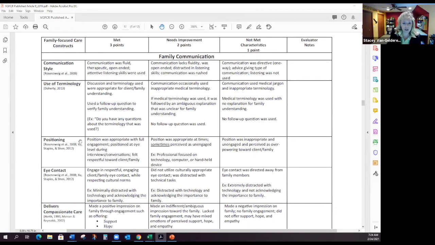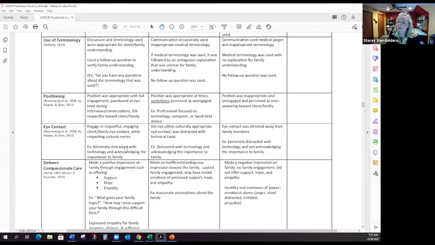The family wouldn't understand the word void. We should say, did you urinate? Or vital signs, do you consider that medical terminology? Should we be more specific, like blood pressure? And if we use medical terminology, are we backing it up with definitions so the family and patient understand what it means? This is a conversational piece that needs to happen before people use the rubric, so all feedback is consistent.